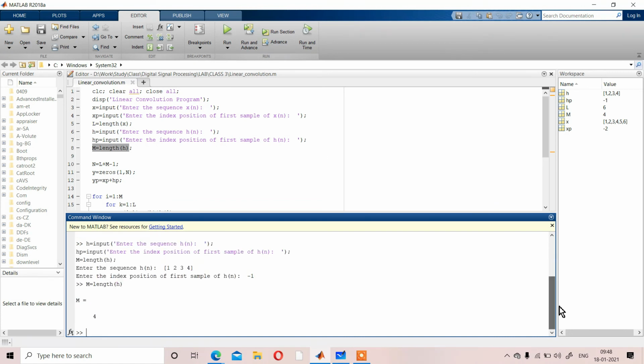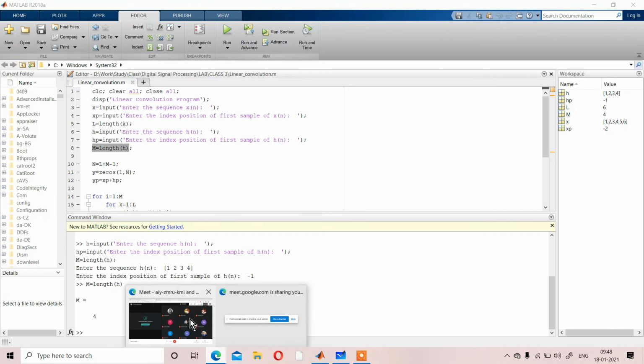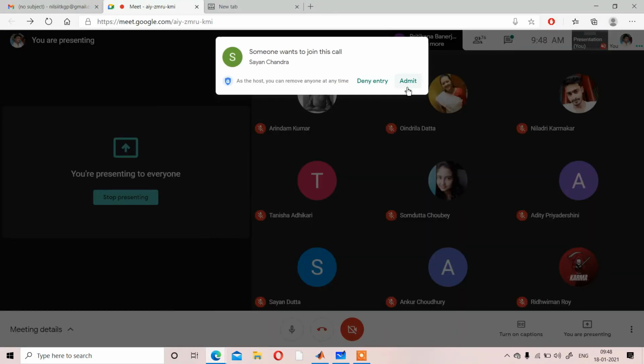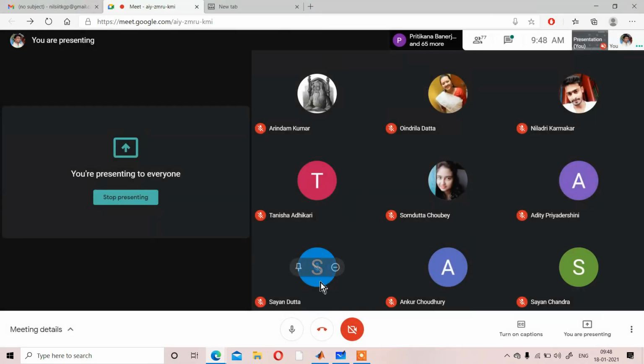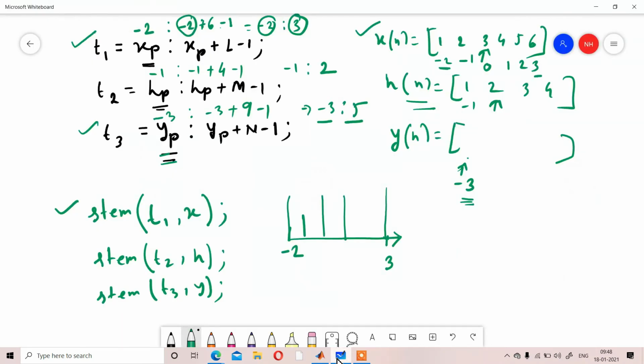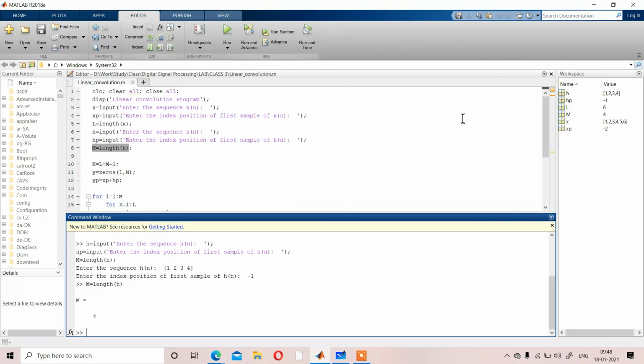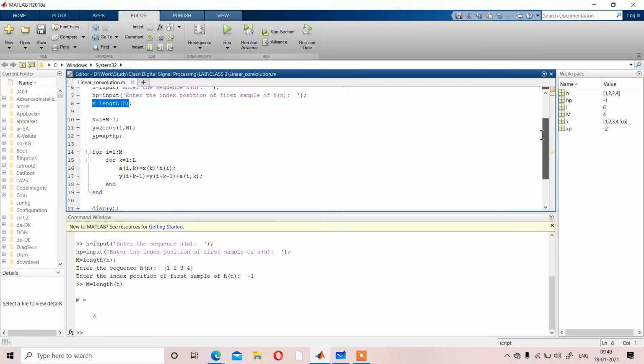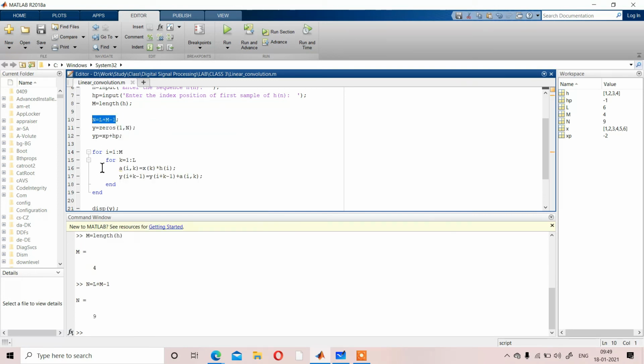So up to that, code is complete. Now n defines the length of y. So y must be 6 plus 4 minus 1. So value of n will obviously be 9.